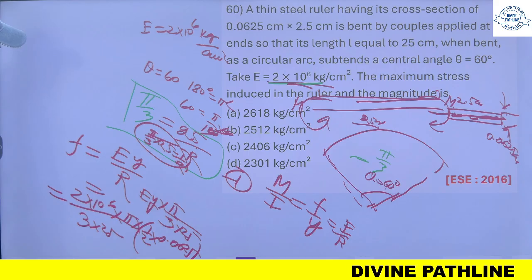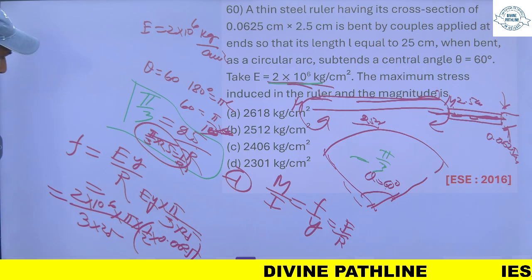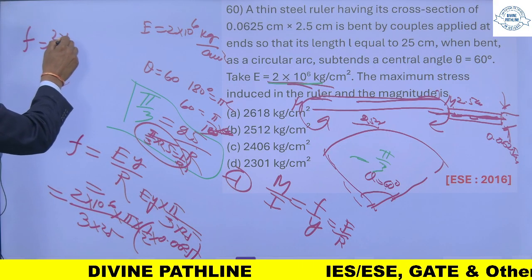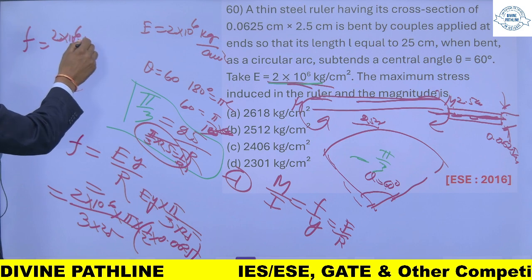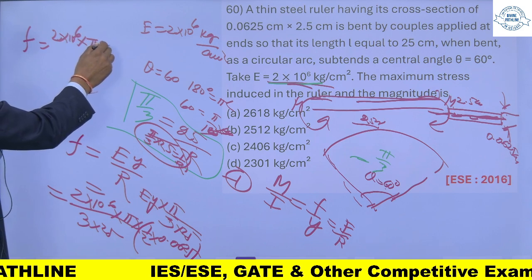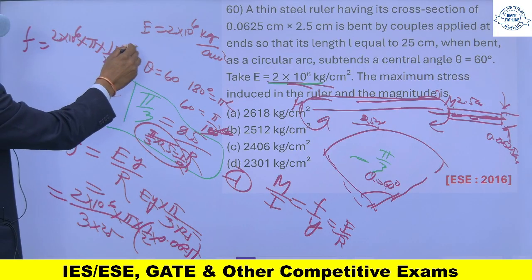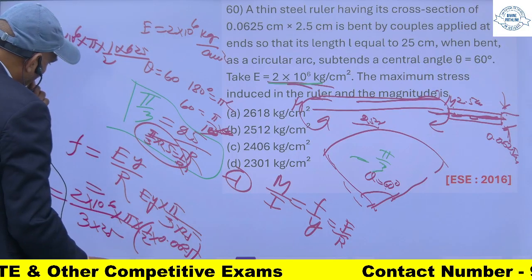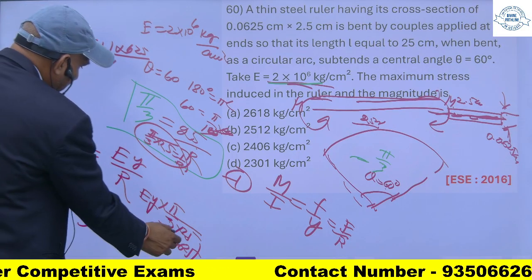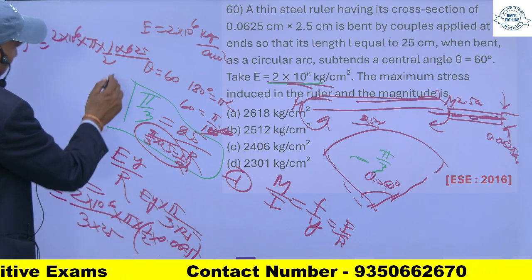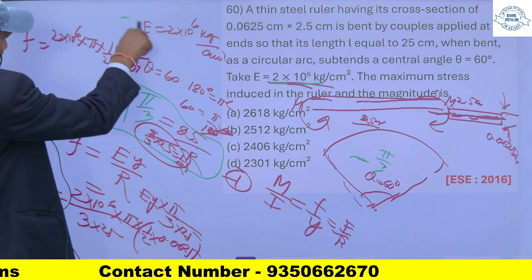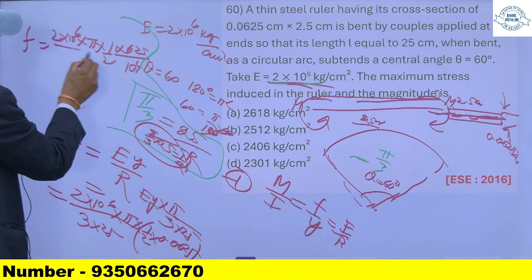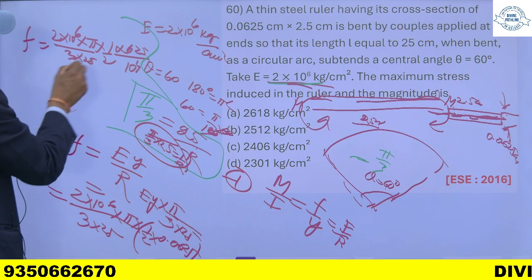So from this equation we can find F is equal to 2 into 10 to the power 6 into pi into 1 by 2 into 625 upon, this will become 10 raised to the power 4, divided by 3 into 25.